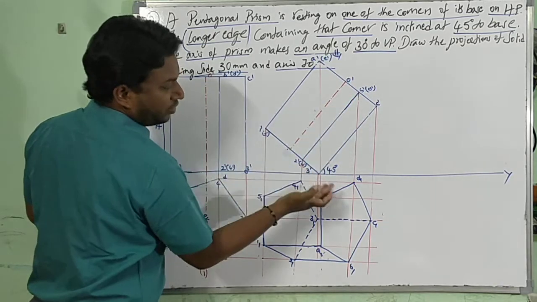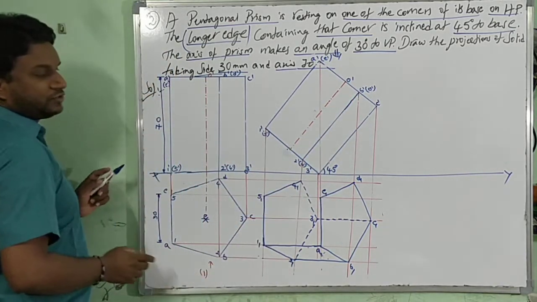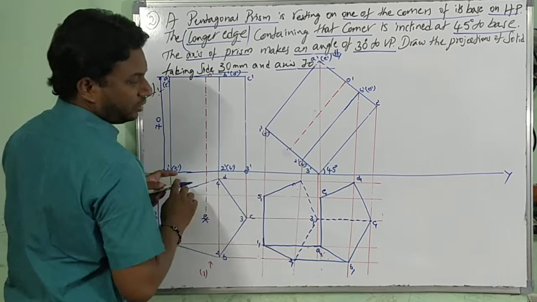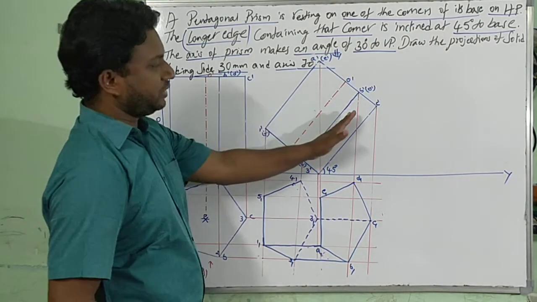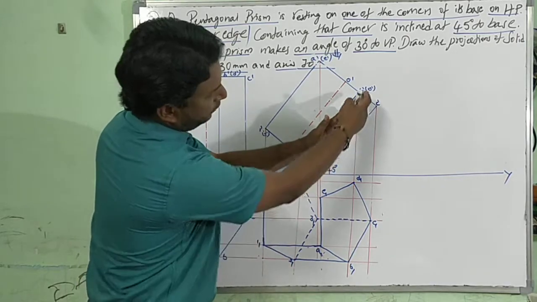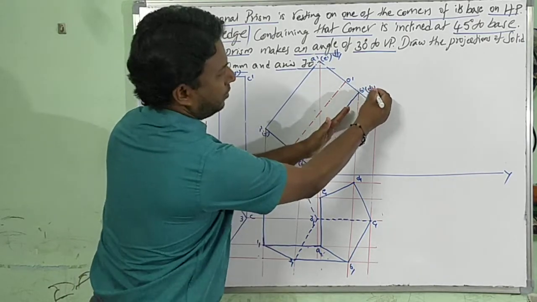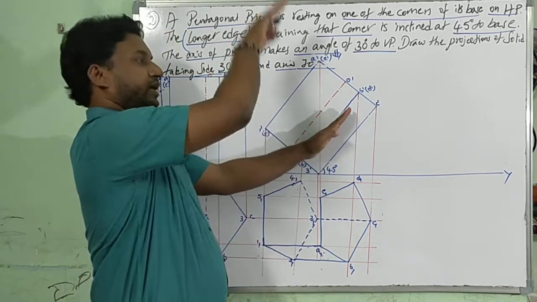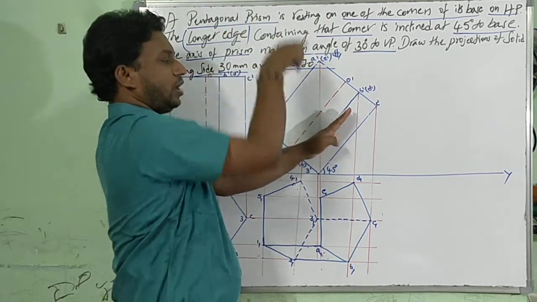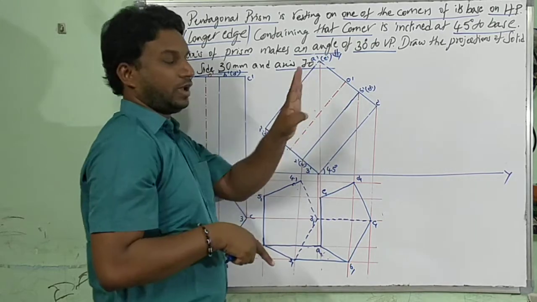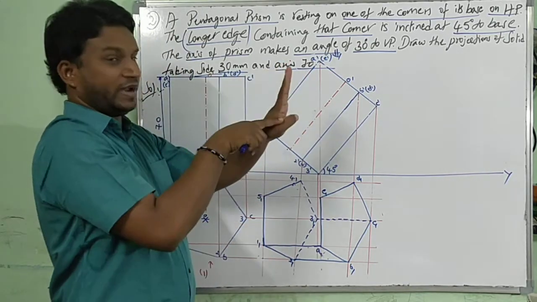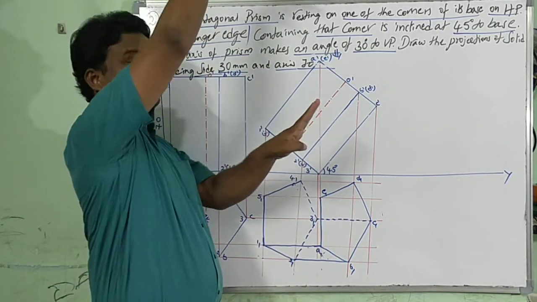Now D dash 4 dash, which comes for D1, 4, 1. Now with respect to this, D1, D dash, 4 dash are backside. But even when they are backside, when you are looking from top, I can see clearly this line and this line. Have my palm, front side I can see, back side I can see from the top.